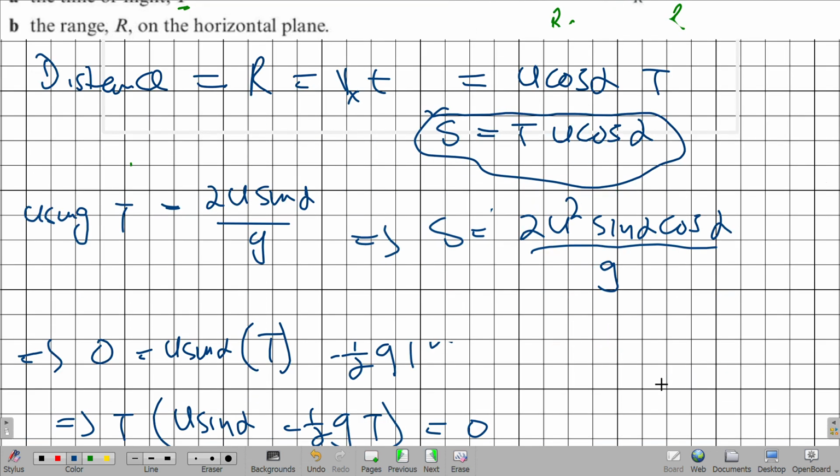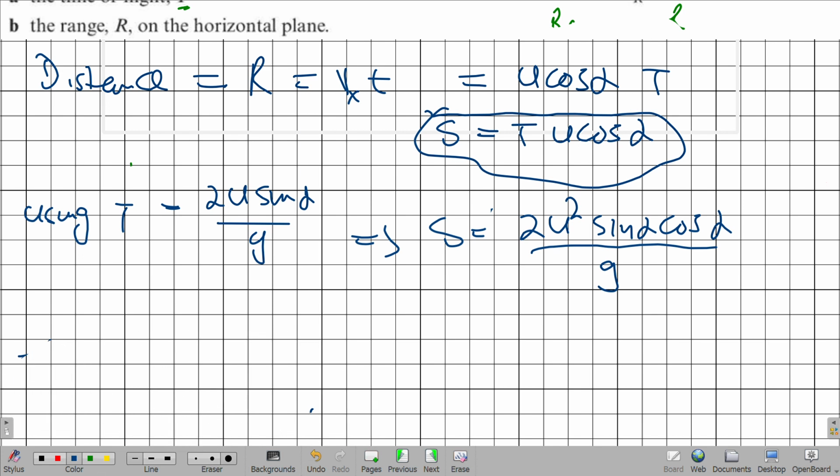But remember our s here is the range. This will be equal to 2u squared sine alpha cos alpha over g.